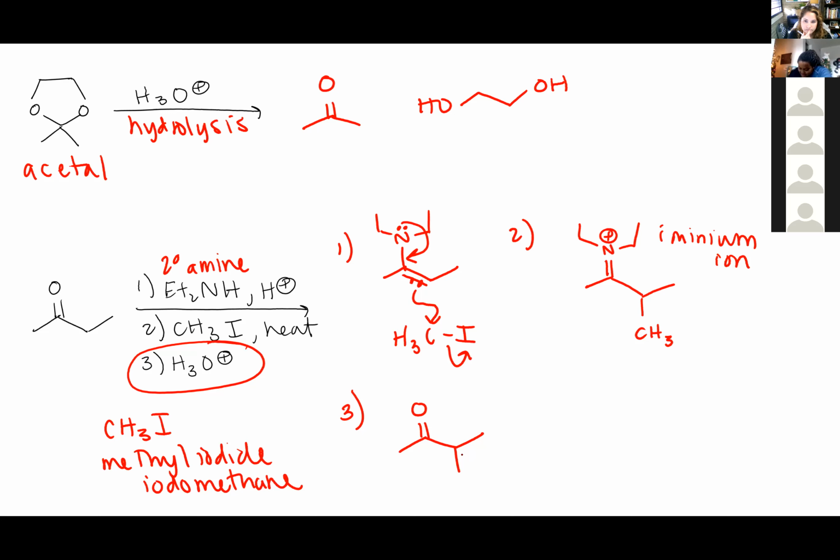Is it the Stork enamine? Right. So Stork enamine synthesis. Cool. Yeah, a couple of you guys guessed correctly in the chat, I see. Which is cool. Okay, any questions about this?